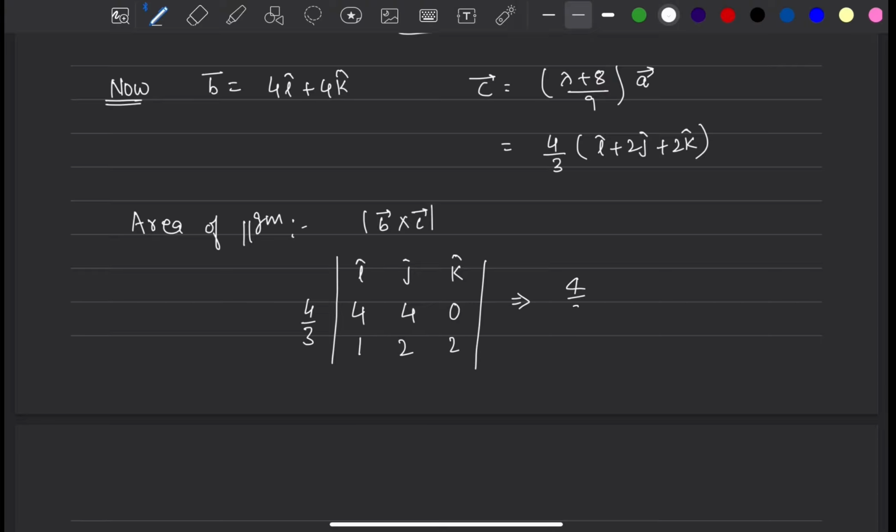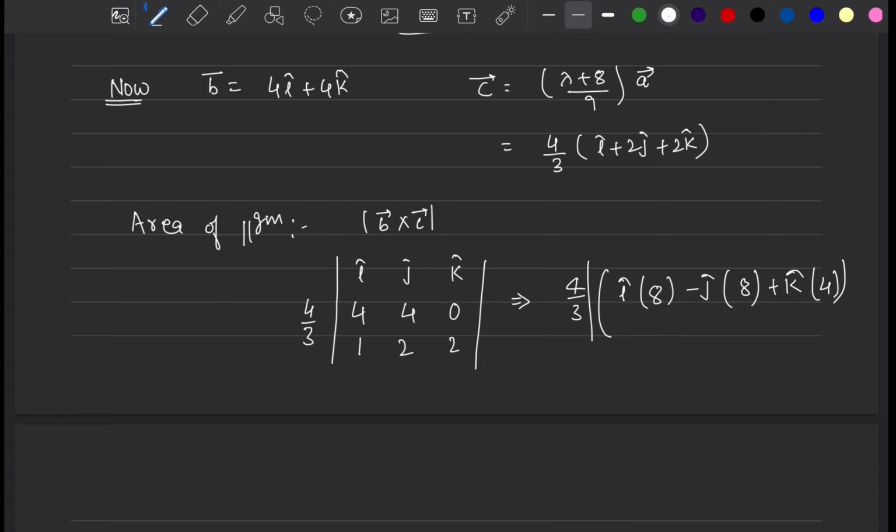So 4 by 3 of I cap we are getting 8, minus J cap 8, and plus K cap which is 8 minus 4, and the magnitude of this we have to take.